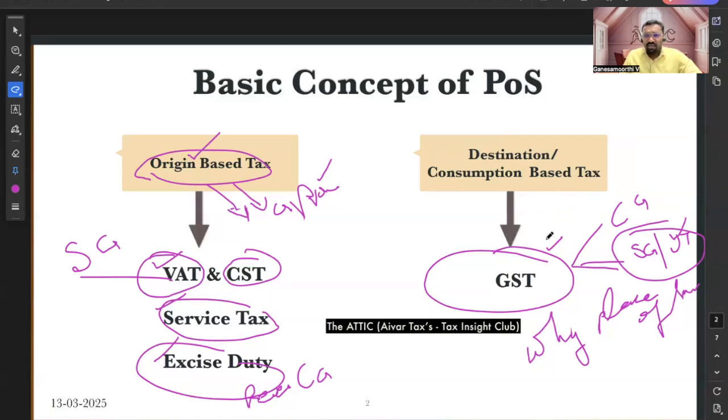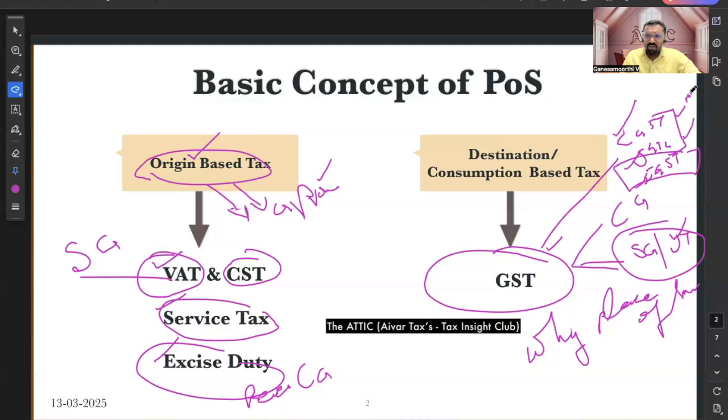So in GST, revenue is collected by way of CGST, SGST and IGST. We all know that CGST is the revenue of the central government, SGST is the revenue of the state government, and IGST is the revenue of both. If it is an intrastate supply, we have to declare CGST and SGST.